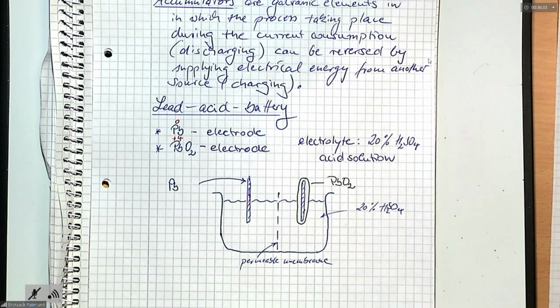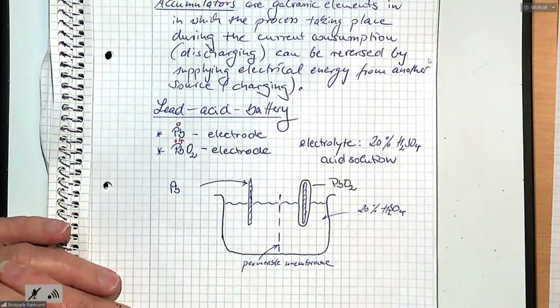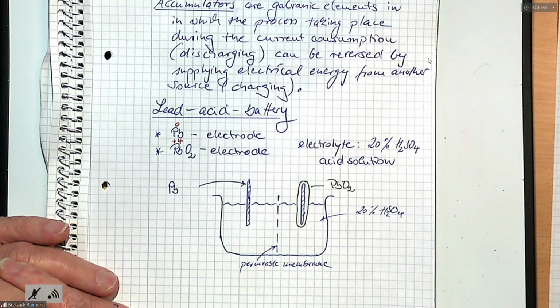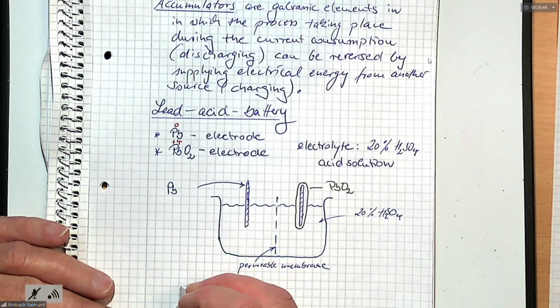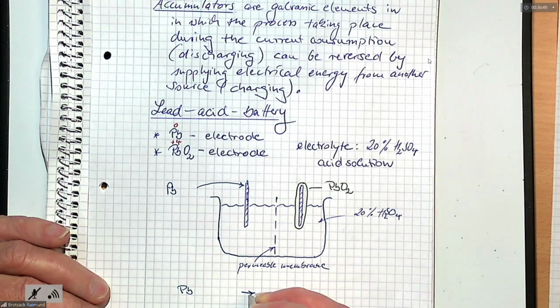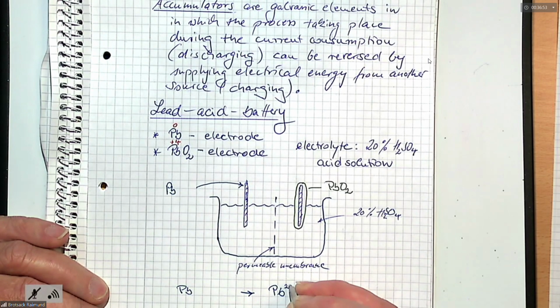So what happens? What do you think? What will be oxidized? The elementary lead, Pb, will be oxidized, but in this case it will form lead 2+.